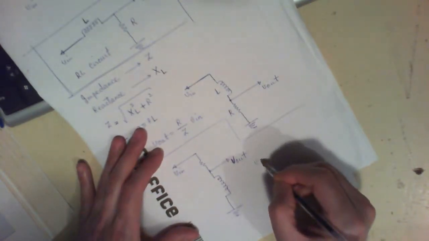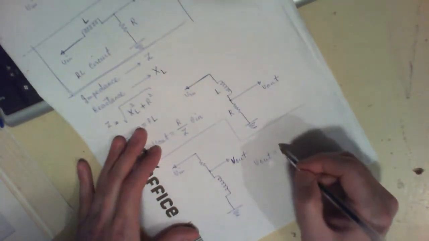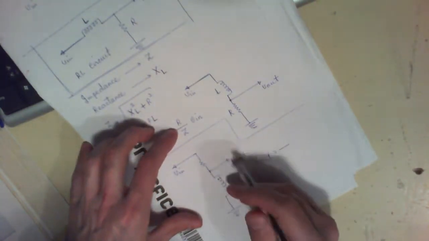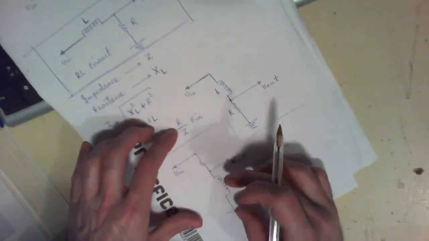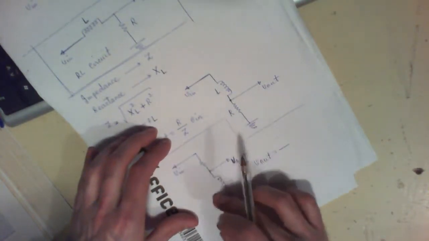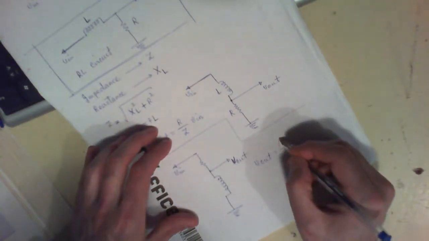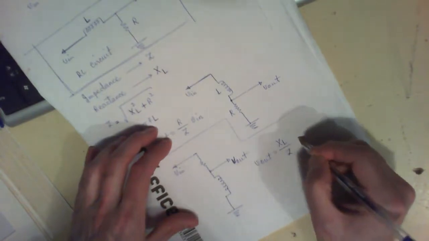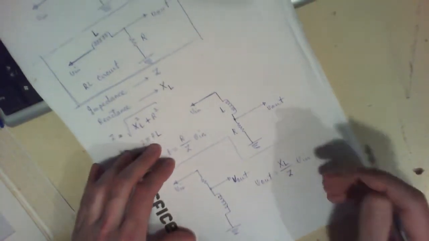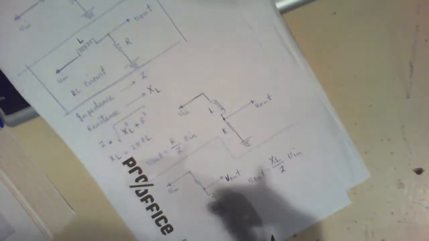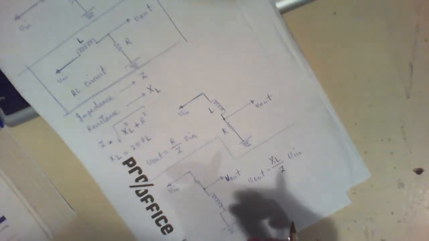So here your V of out would be, instead of R over Z, the resistance of this inductor in this AC circuit, which is the reactance of this inductor, X of L over Z, the impedance, times V of in. So it's very simple. The same thing as capacitors, and basically the same thing that we have had before.